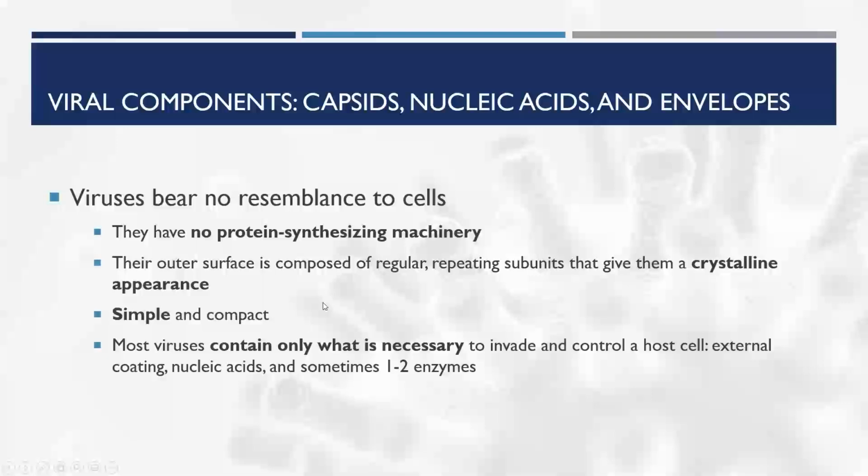Most viruses will contain only the bare necessities, only exactly what they need to invade, get inside their host, make more of themselves, and get coded and sent out to find new hosts to infect. That means they'll have an external coat, their nucleic acids, maybe if they're being extra fancy, 1 or 2 enzymes.